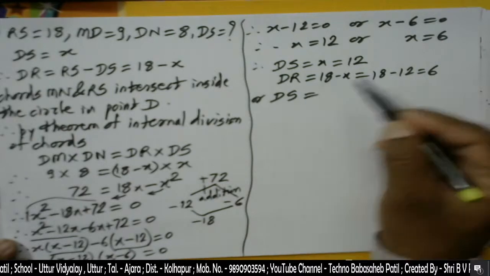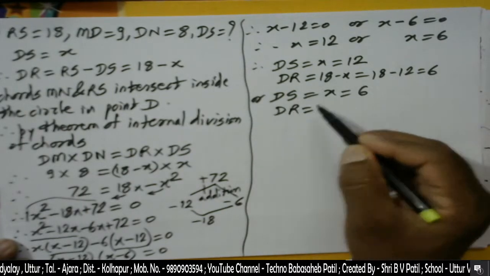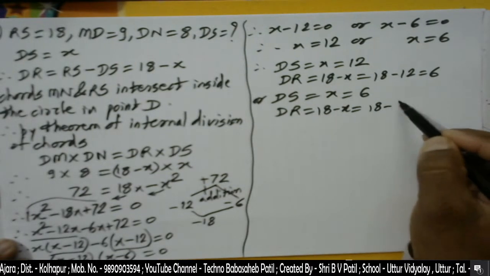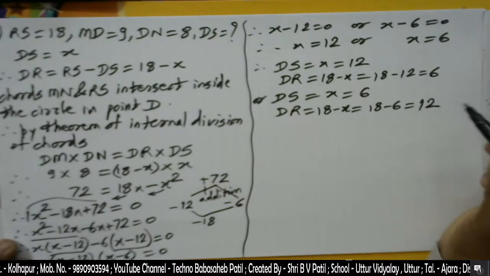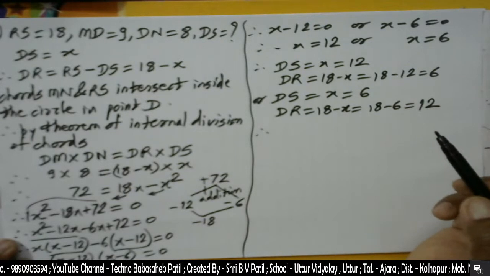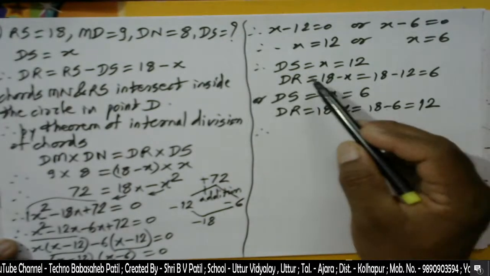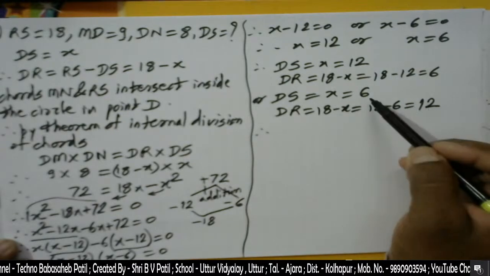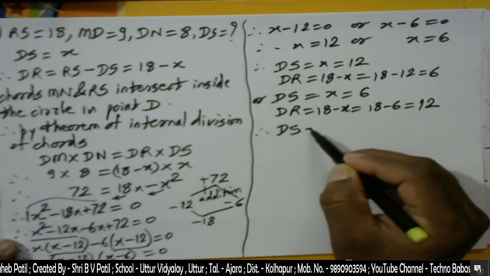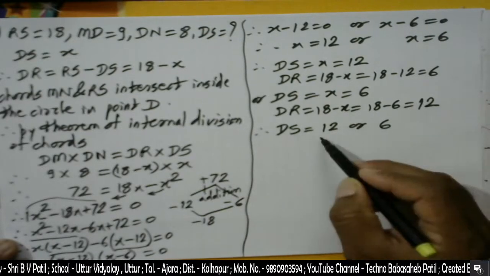Or if we consider DS is 6, then DR becomes 18 minus 6, that is 12. The value of DS is 12 or 6.